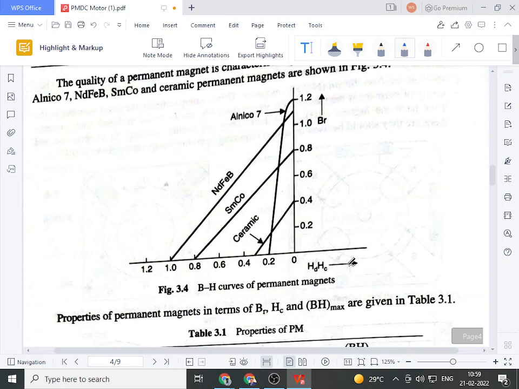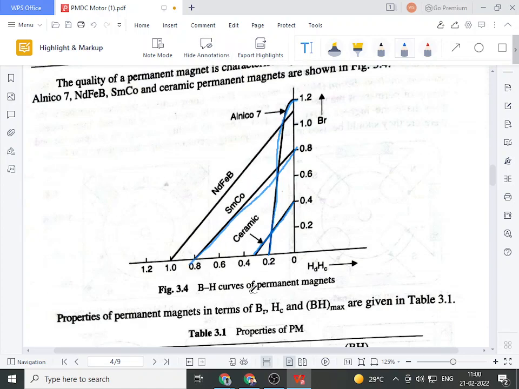When we consider the characteristics in the second quadrant only, then this is the Alnico 7 BH curve. This is the BH curve for the ceramic. The third one is the BH curve for SmCo, and this is the BH curve for NdFeB.